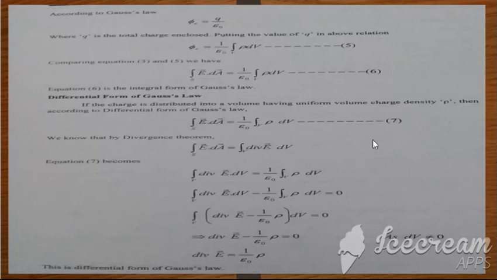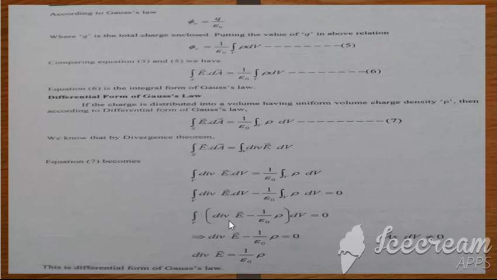So volume integral divergence E dV is equal to 1 over epsilon naught volume integral rho dV. Moving the right-hand side to the left-hand side gives a minus sign: volume integral divergence E dV minus 1 over epsilon naught volume integral rho dV is equal to 0.